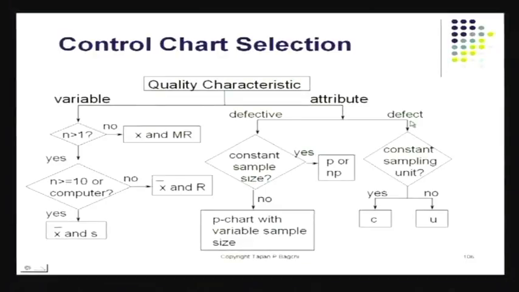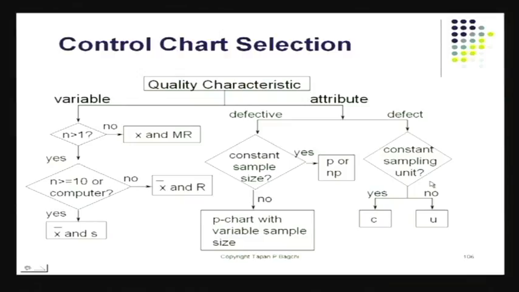No issues there. If you're counting defects like you do in a hotel room, for example, if the sampling unit is constant, that means no real issue there. You could just be doing the defects per unit. So if I'm just looking at one room each, there is no problem there at all. So I do that.